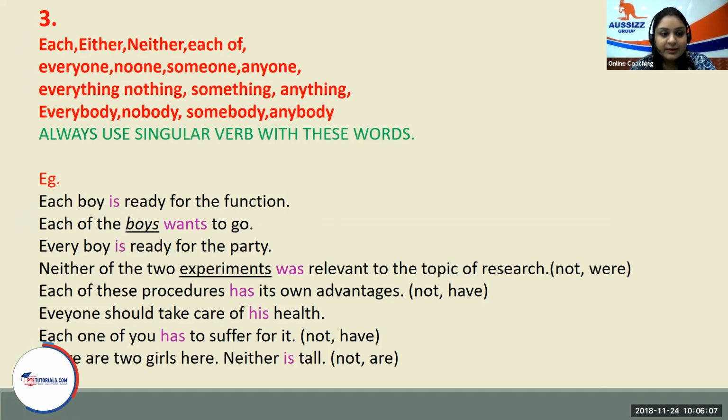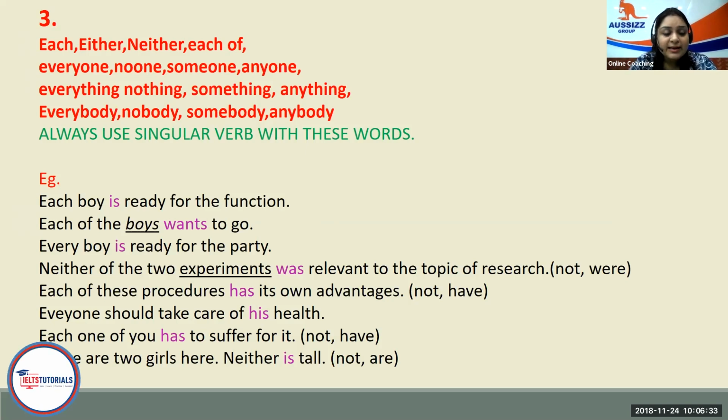Third, every boy. Please mention it properly, that the word every always takes singular noun. We don't know how many boys are there, so I can say every boy is ready for the party, or each boy is ready for the function.